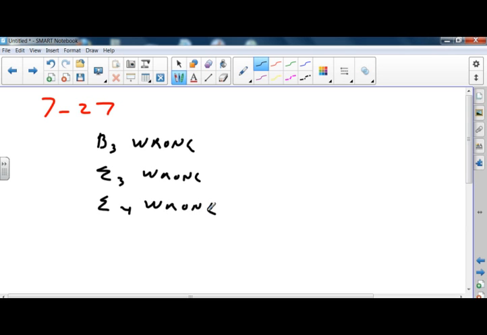Let's see. B1 and A1. B1, wait a minute. B1, A1 should give us a 1. And it's not. So the second fault of summation 1 is wrong. Because I'm getting a 1 and a 0, I should get a 1 out of the summation.